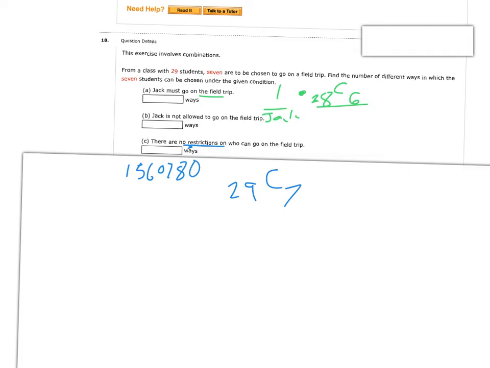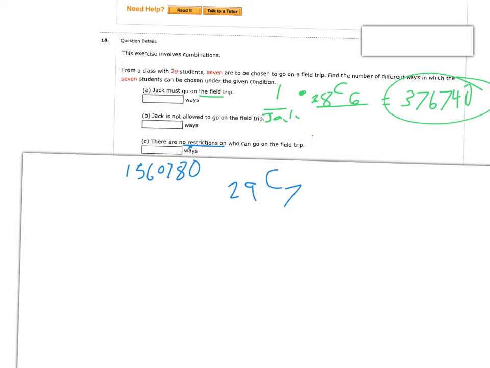If there was more than one way that Jack can go, then we'd multiply that by 28C6. But in this case, it's just 1. So we'll type this in the calculator, and this gives me 376,740.